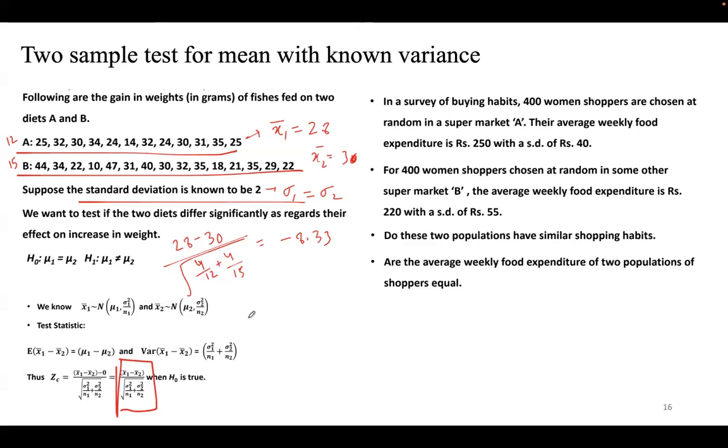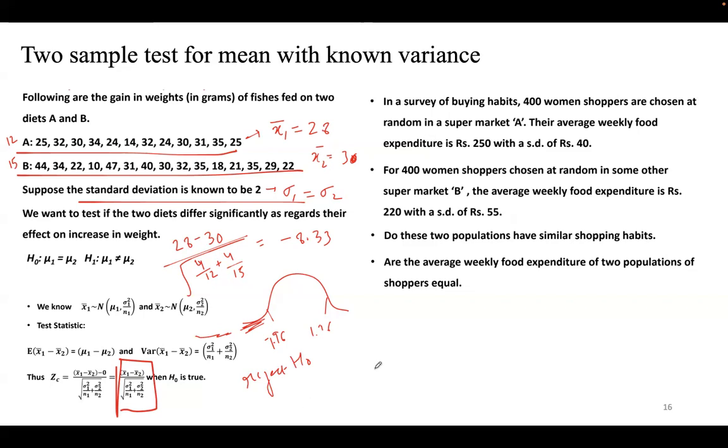Again, you do the same thing with the critical value. You remember this is the normal distribution, so it's going to be 1.96 here and minus 1.96 here. Minus 8.33 lies somewhere here. So again, you have to reject H naught.